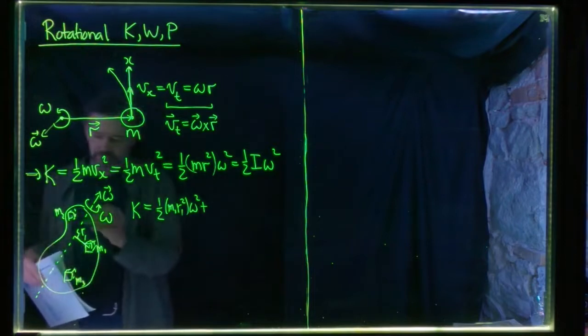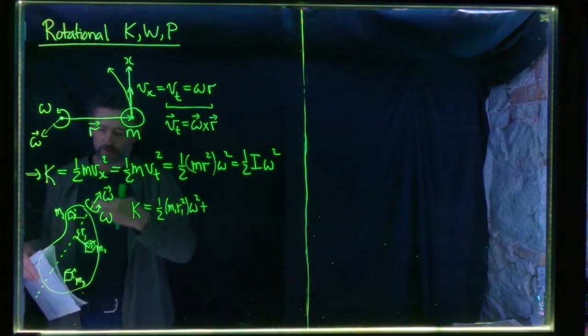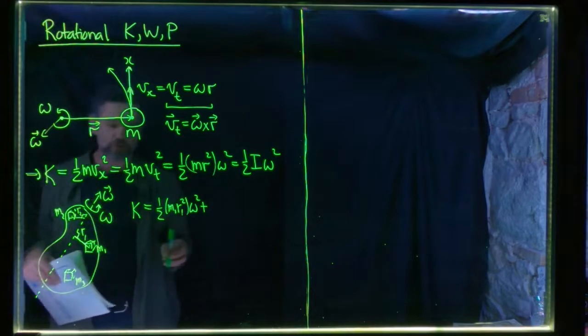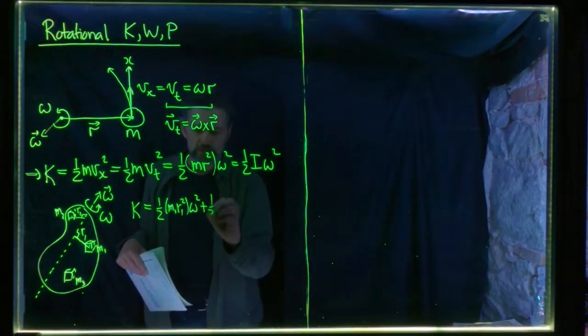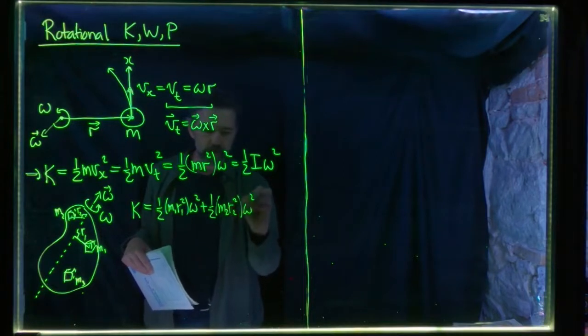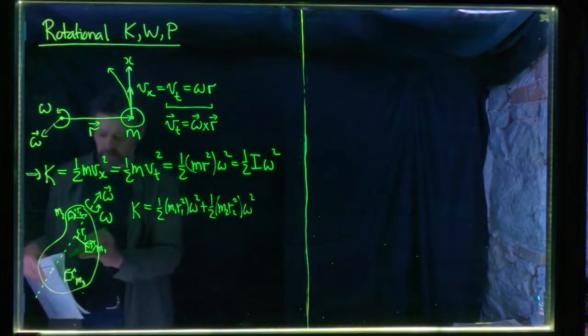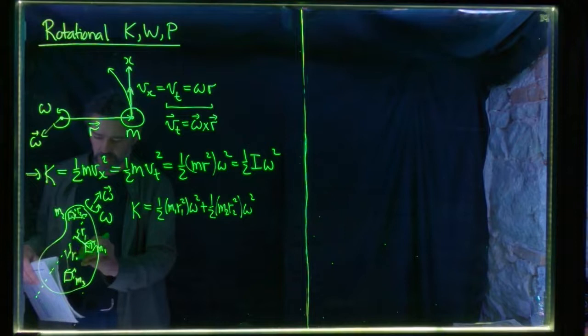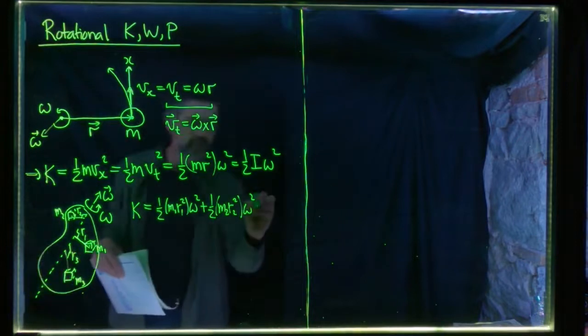And then for this piece, maybe coming out here a little bit, the perpendicular distance from that point mass to the axis of rotation is, let's call it r2. So it'll be plus 1/2 m2 r2 squared times omega squared. And then similarly for this one over here, m3, r3, and so on.